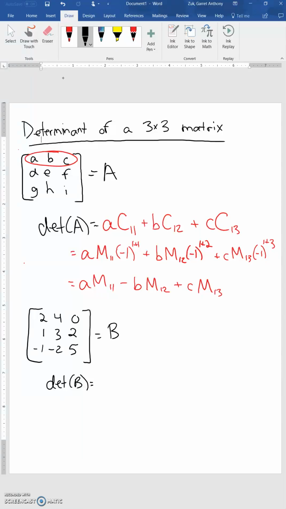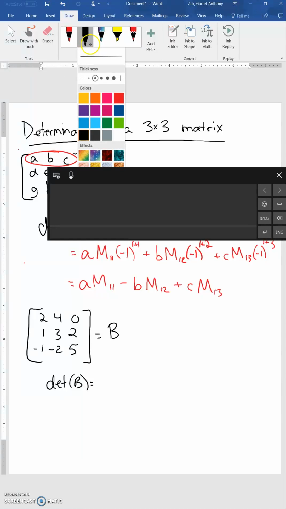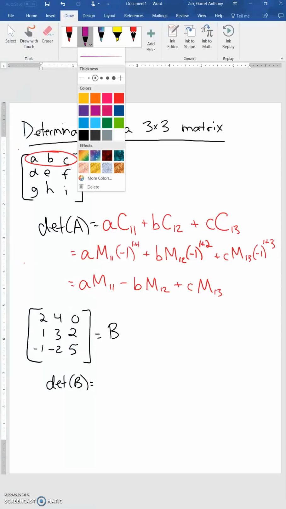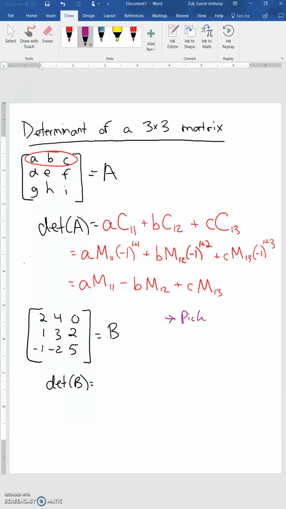A general rule is we want to pick the row or column with the most zeros, because that's going to simplify life for us.